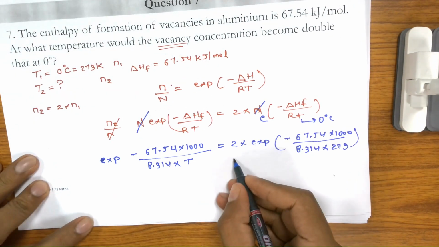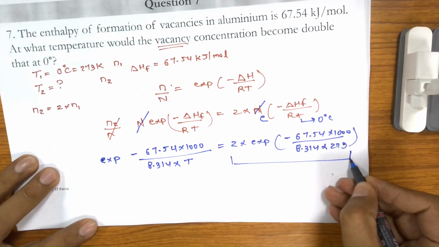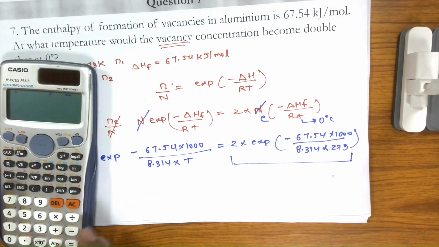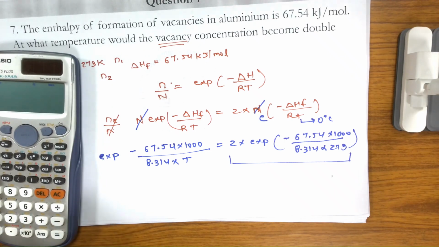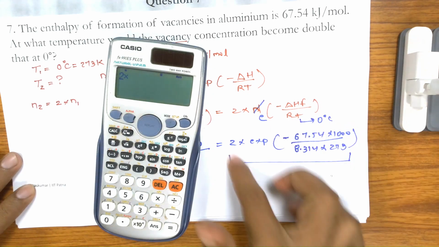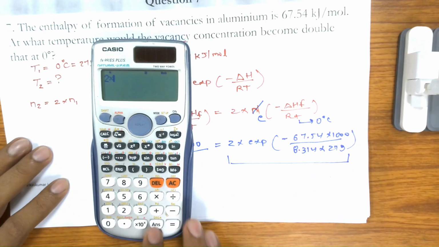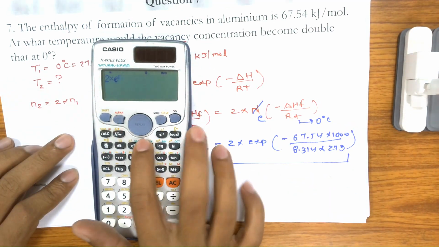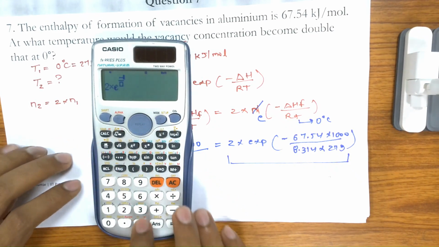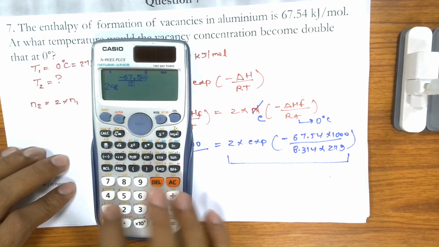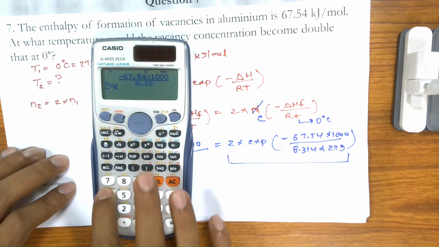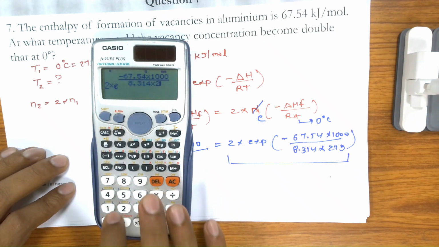Okay, so let's try to solve this RHS first. What we will get is 2 multiplied by, we are going to solve this one first, exponential of minus 67.54 multiplied by 1000 divided by 8.314 multiplied by 273.